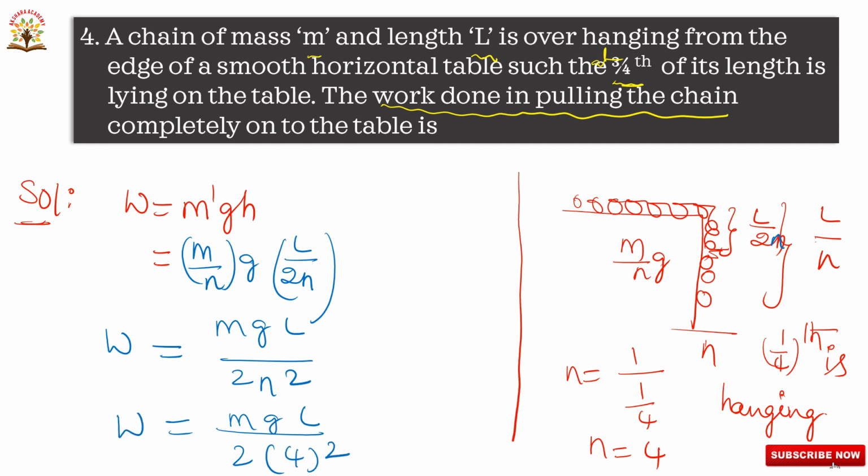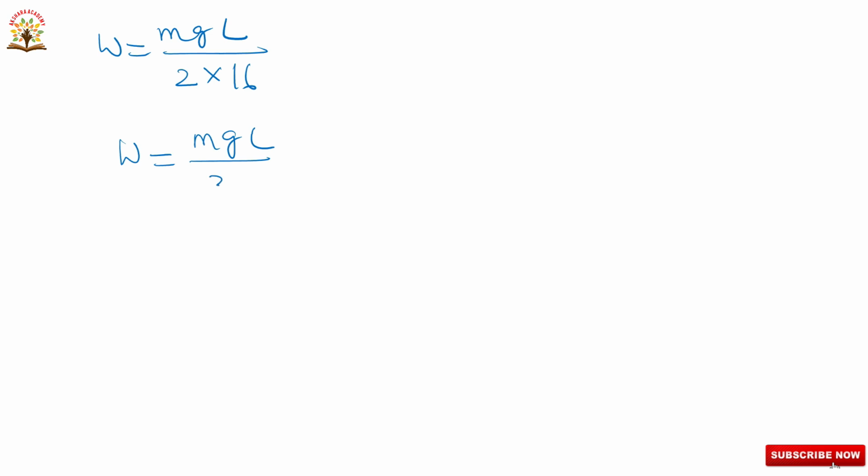So work done W equals M G L by 2 into 16. So 2 16s are 32. This is the final answer. Therefore work done W equals MGL by 32.